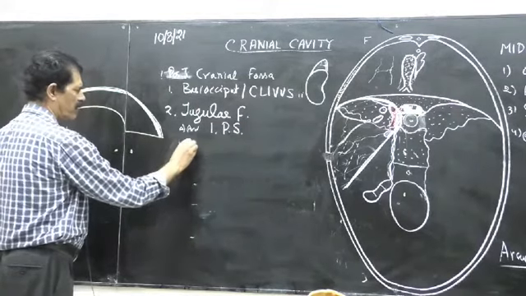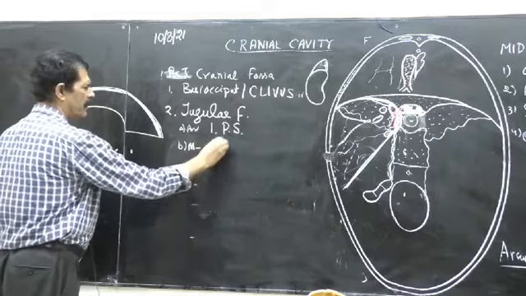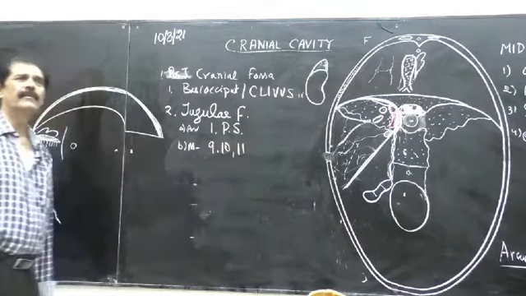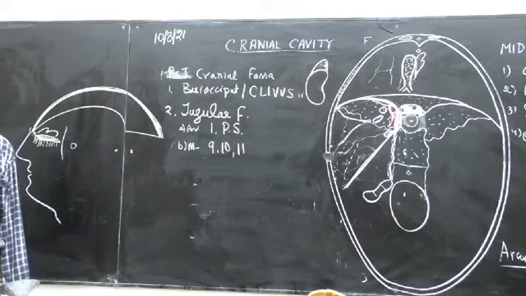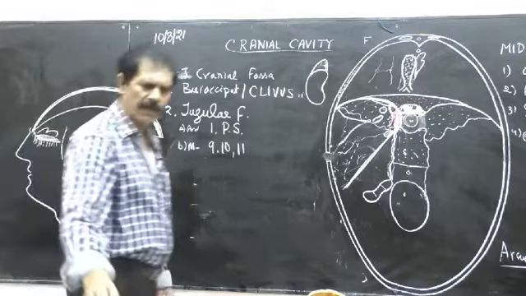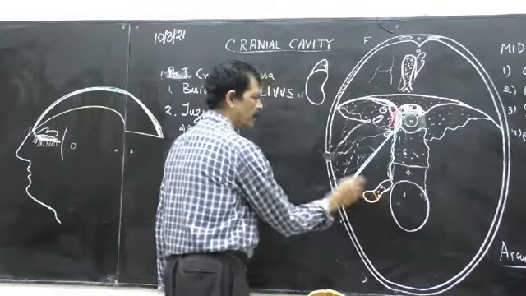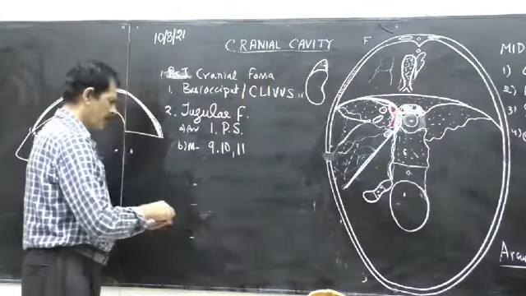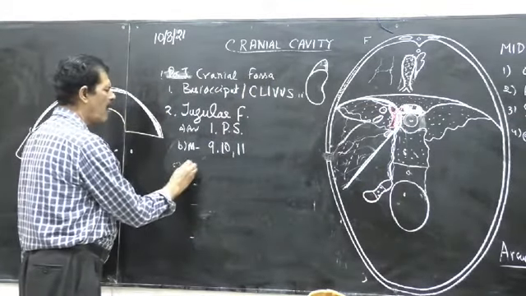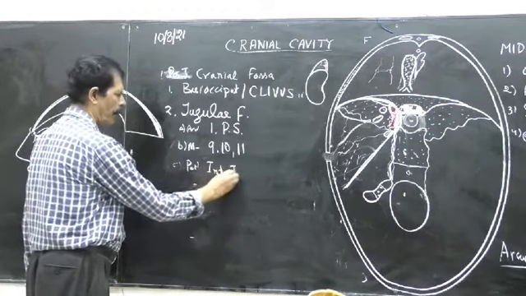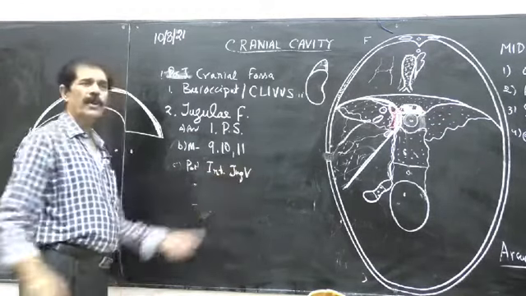In the middle part, the 9th, 10th and 11th nerves go extracranially, like the facial nerve at the stylomastoid foramen. So from here they go out: the 9th, 10th and 11th cranial nerves. The posterior part is the start of the internal jugular vein. The internal jugular vein starts from here.